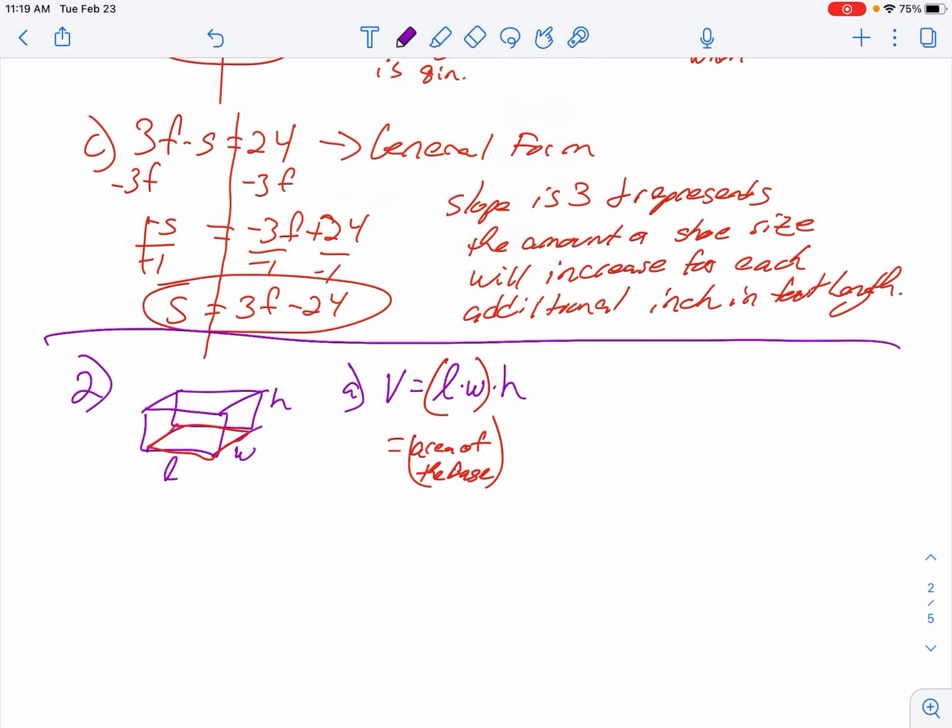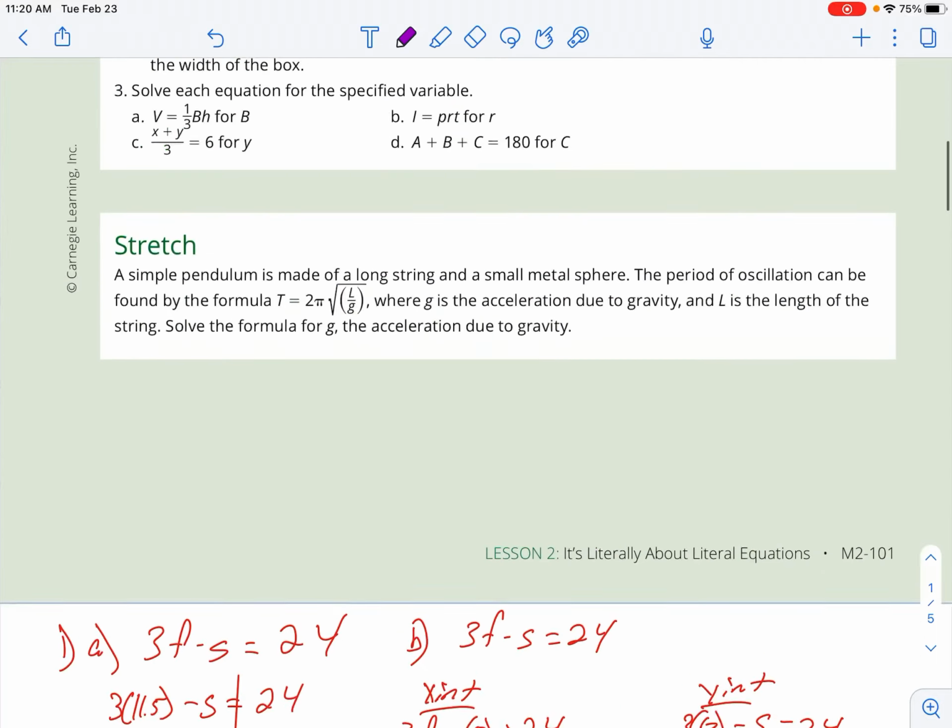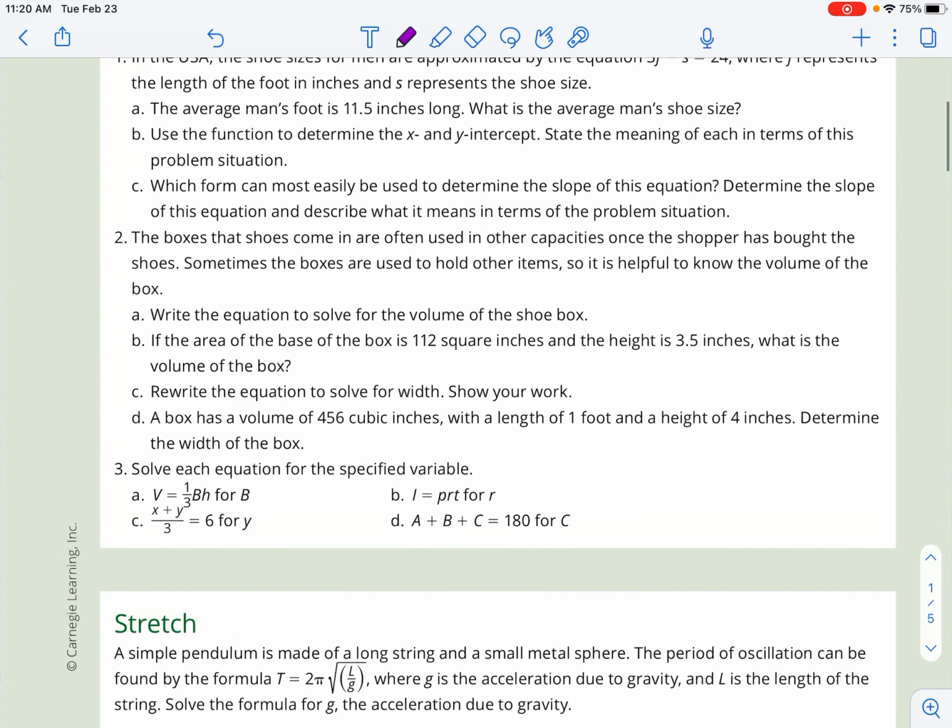And then whatever that is, we take it times the height of this, which is called a prism, to get the total volume, the space that it occupies. So on letter A, there's your formula.